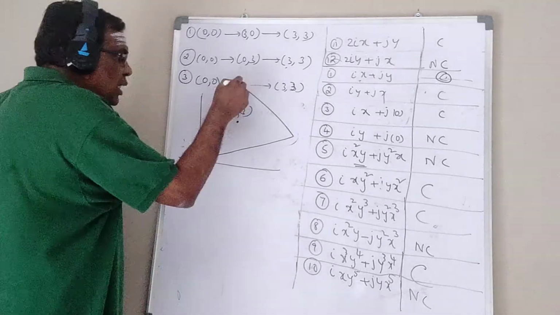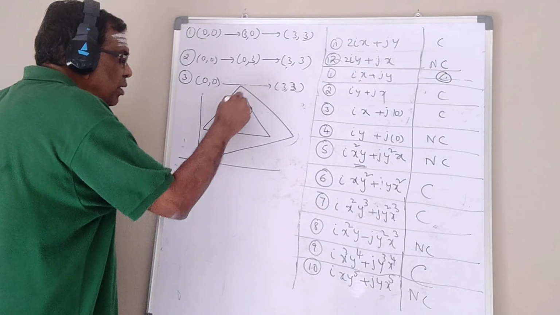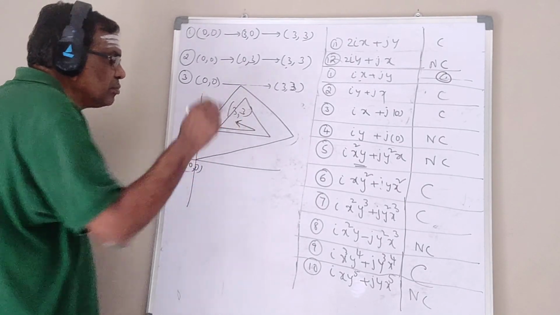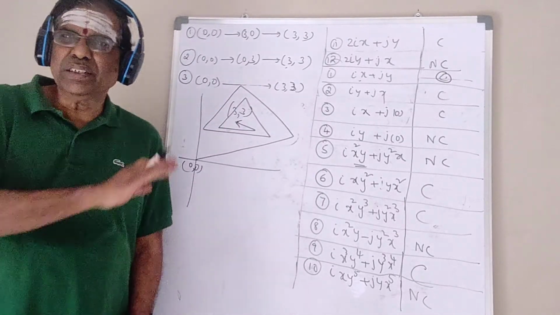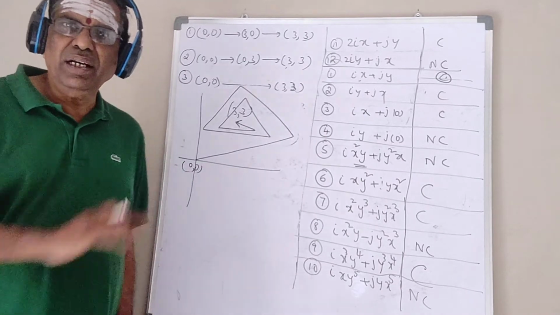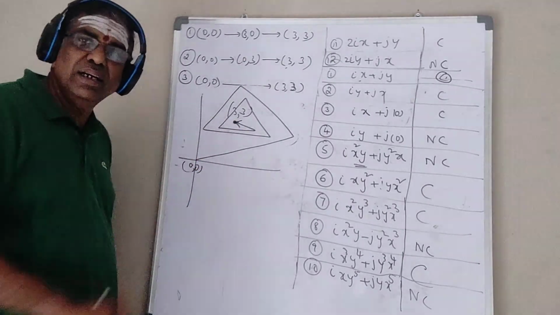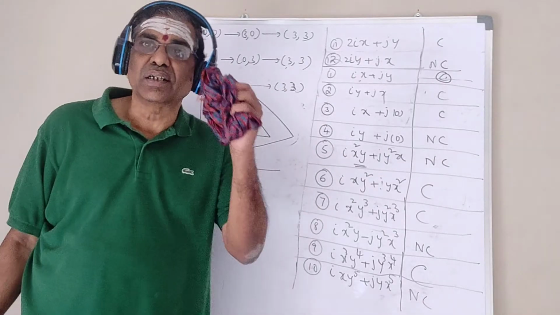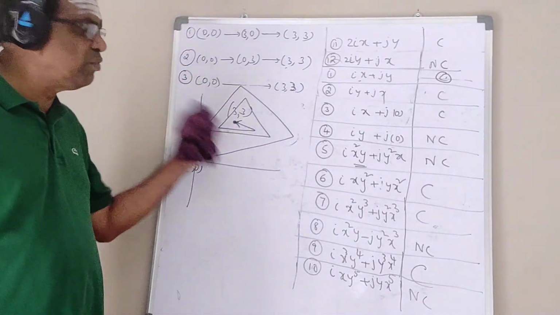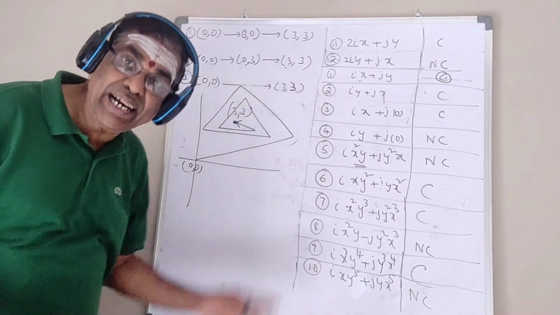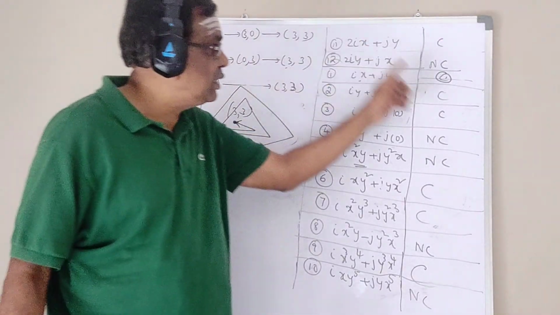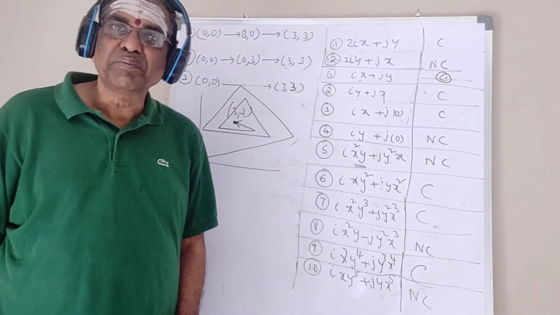The path can go and come like this. It makes no difference to us. We are least bothered about the path because as long as the initial and final positions are known, you can directly find out the work done, provided the force is conservative.